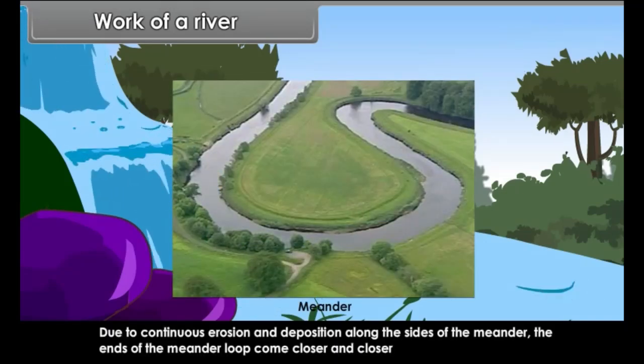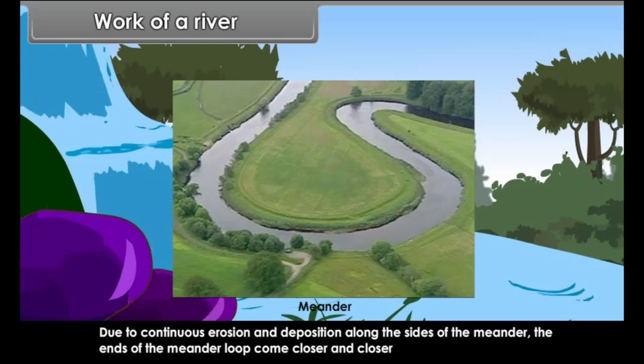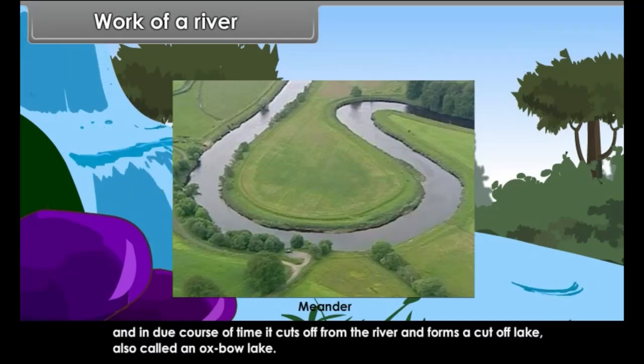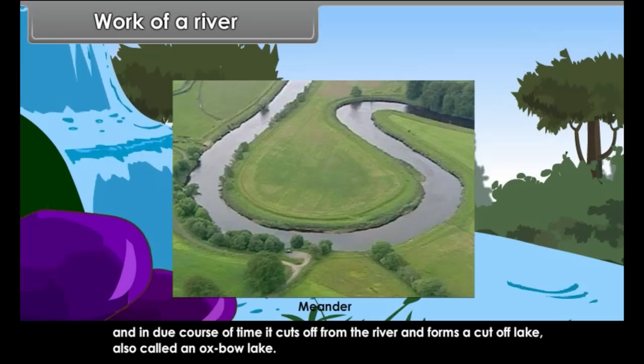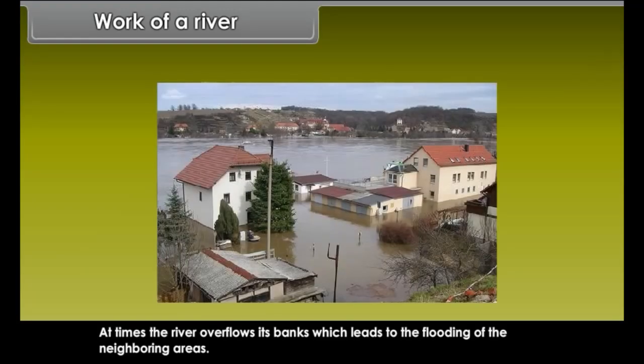Due to continuous erosion and deposition along the sides of the meander, the ends of the meander loop come closer and closer, and in due course of time, it cuts off from the river and forms a cut-off lake, also called an oxbow lake. At times, the river overflows its banks, which leads to the flooding of the neighboring areas.